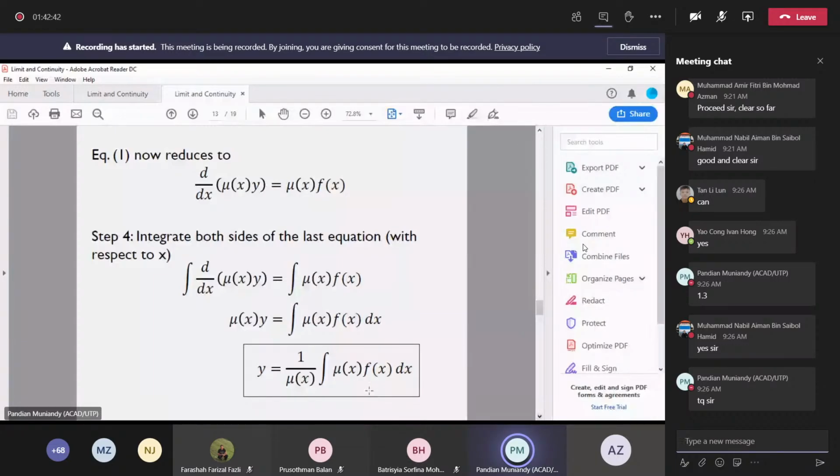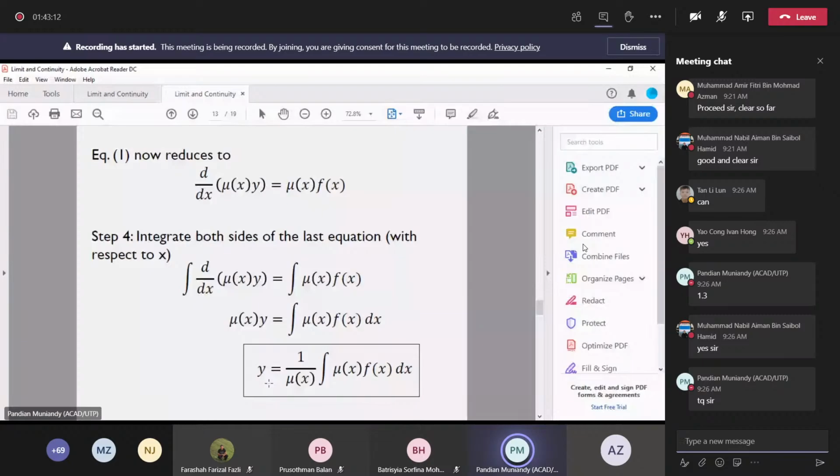So you take the final output y. You already found mu(x). Just now I told you dy/dx plus P(x)y equals f(x). Your mu(x) is e power integral of P(x) dx. Now straight away you write your y. Y is the output, 1 over mu(x) in the bracket, integral of mu(x) f(x) dx.